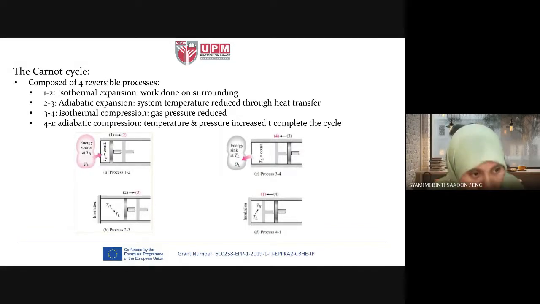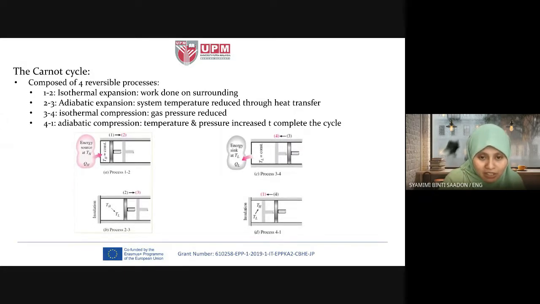Then 3 to 4, isothermal compression, compress at constant temperature. And 4 to 1, to complete the cycle, adiabatic compression, with no heat transfer to the outside of the system.